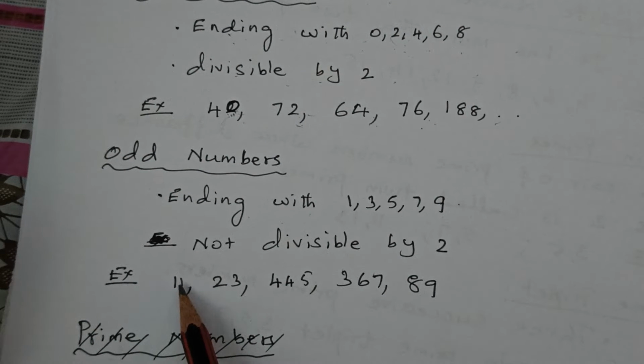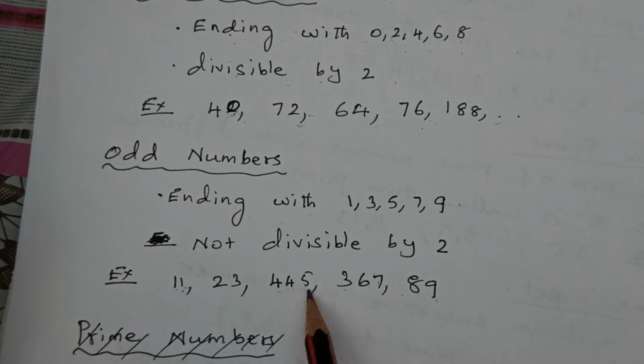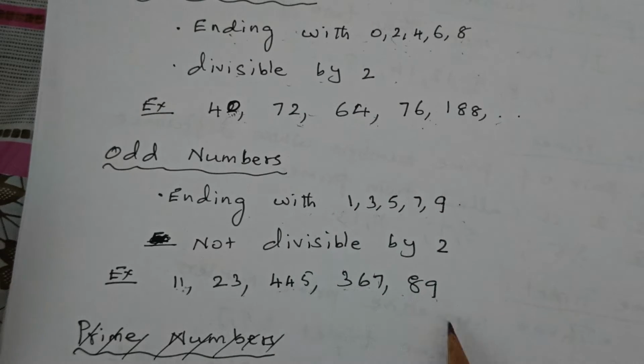If the units place or the ones place, do you remember the place values? Ones, tens, hundreds. If the ones place digit is 1, 3, 5, 7 or 9, any one of these digits, then it is an odd number, and these odd numbers are not divisible by 2.